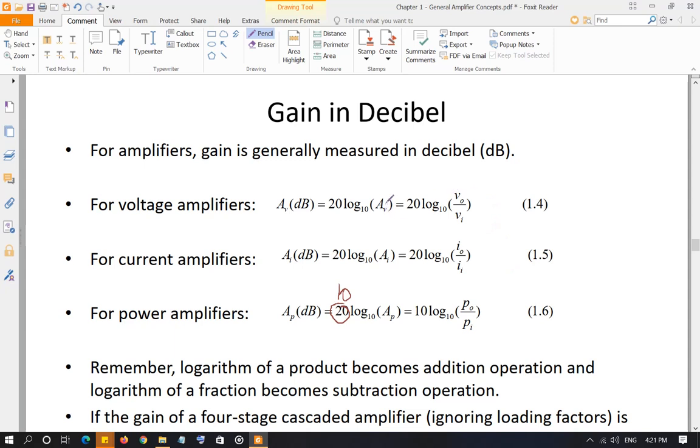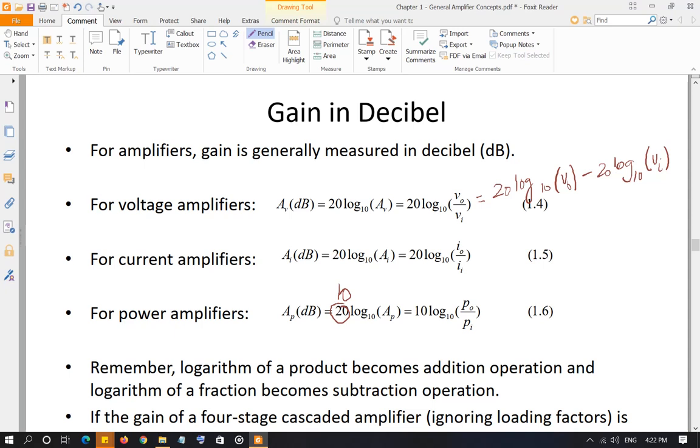So if your voltage gain is V out over V in, you will substitute this over here. Current gain, substitute over here. Power gain, substitute over here. And remember, in the logarithmic scale, multiplication becomes addition and division becomes subtraction. So basically, this becomes 20 log 10 of V out minus 20 log 10 of V input.